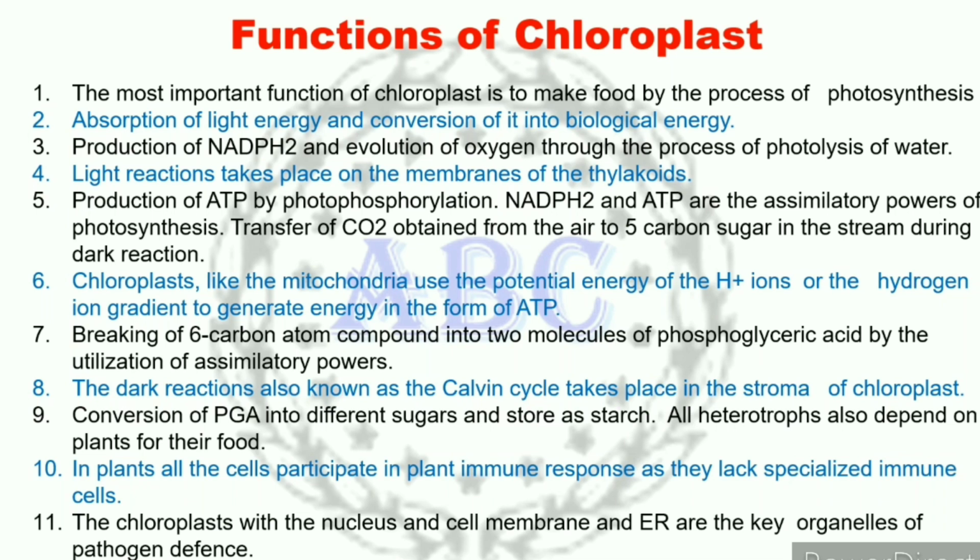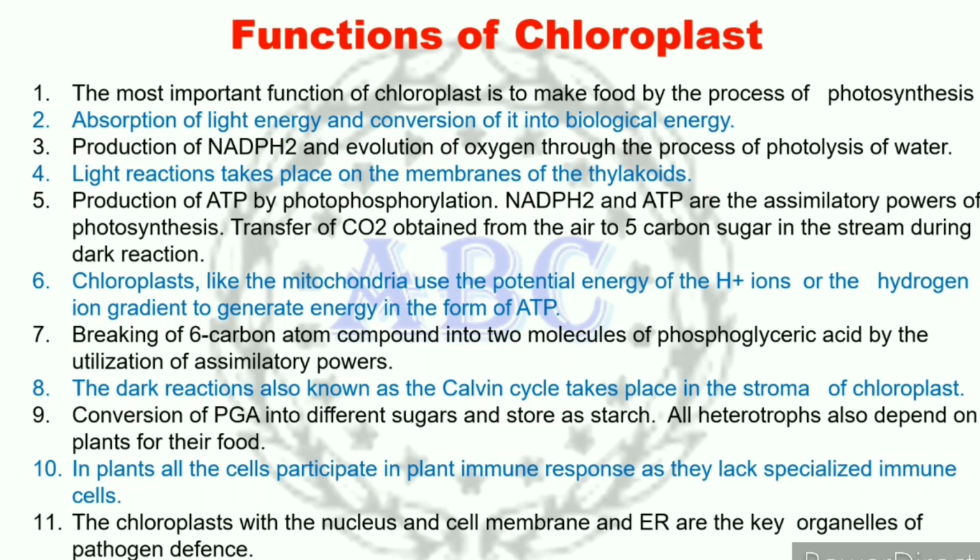Chloroplasts, like the mitochondria, use the potential energy of H plus ions, or the hydrogen ion gradient, to generate energy in the form of ATP. Then, breaking of the 6-carbon compound into 2 molecules of phosphoglyceric acid by the utilization of assimilatory power. 6 carbons from 6 carbon dioxide are absorbed and there is a production of 2 molecules of phosphoglyceric acid.